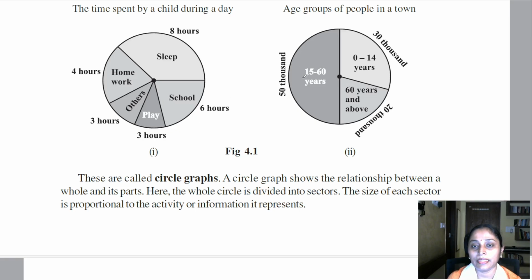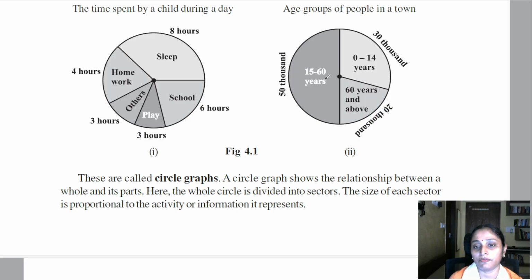Next example that they have given is age groups of people in a town. So here the categories are age groups. They have defined the age groups as 0 to 14, 15 to 60 and 60 years and above, right? So clearly, you will see that the maximum population in this particular town is in the age group of 15 to 60.